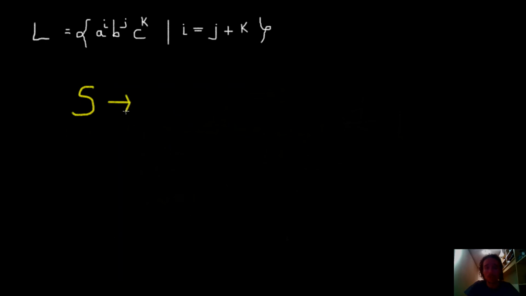And now, to meet the condition of this equation, we need to ensure that the number of A's in my word is exactly the sum of the number of B's and C's. Not more, not less, right? We need to have precisely this same value.